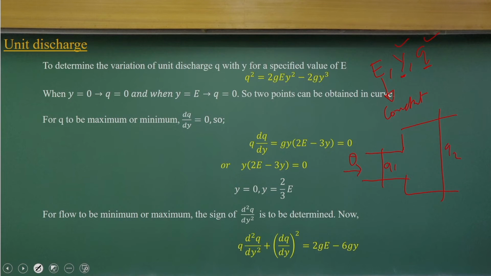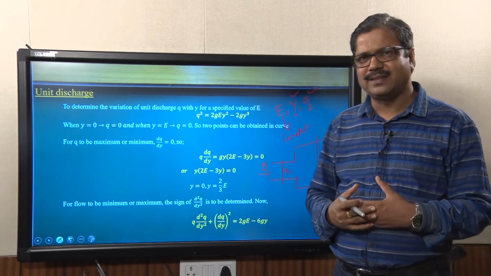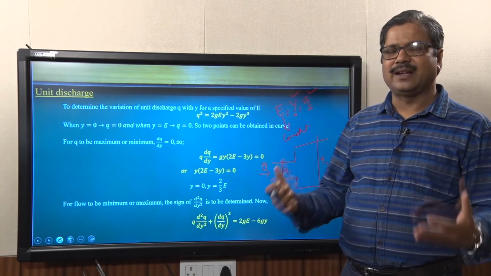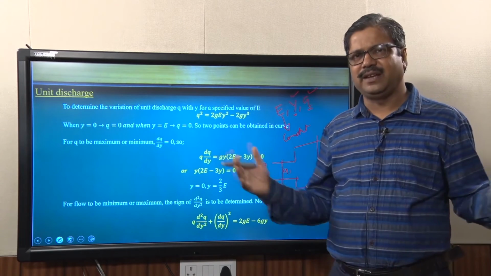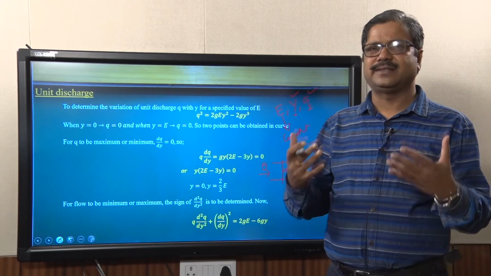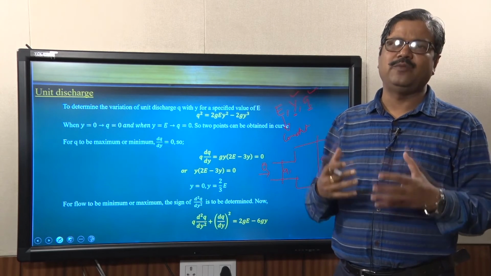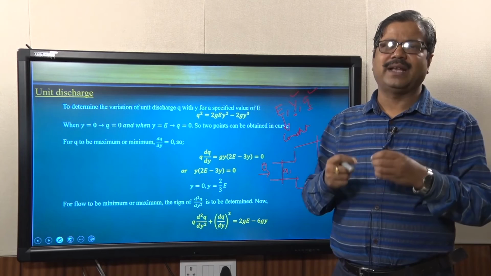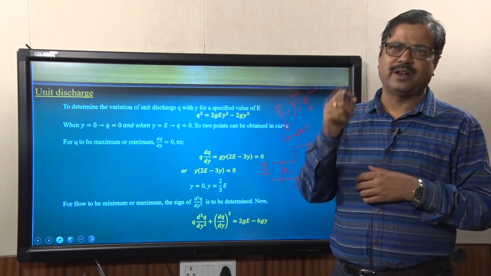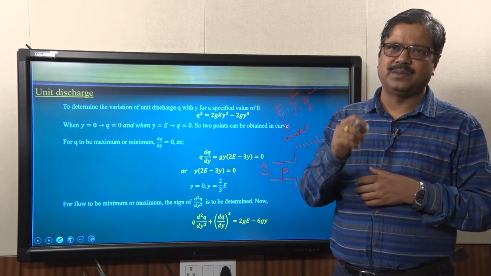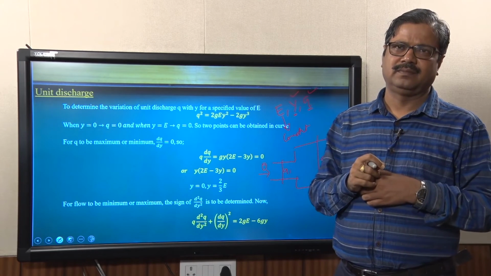If we assume there are no energy losses, and we adopt this basic concept that Q is varying, what will be the relationship with y? Can we get a maximum discharge Q value for a particular specific energy?